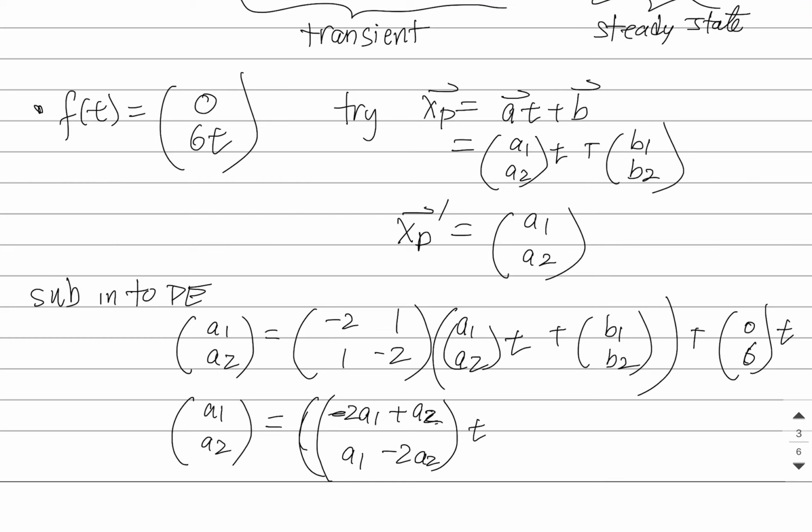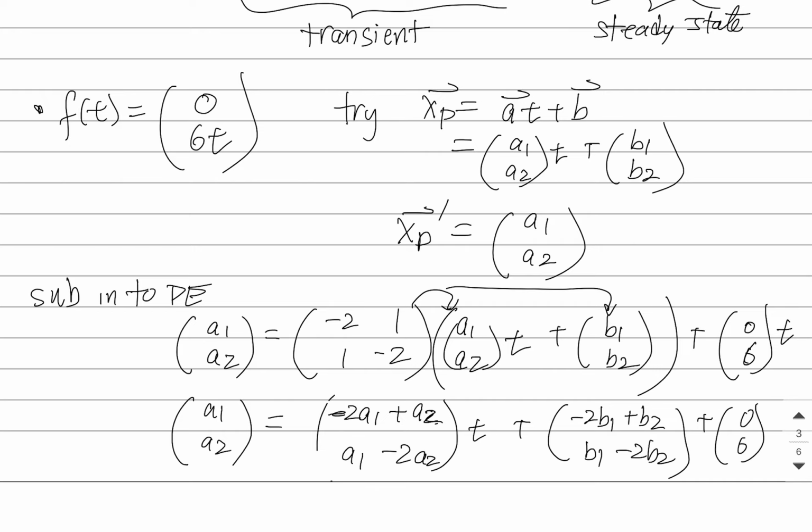All of these terms are going to be weighted by this scalar factor of t. At the same time, this matrix can multiply the b vector, and we'll get negative 2b1 plus b2, b1 minus 2b2. And we'll have the 0, 6t.